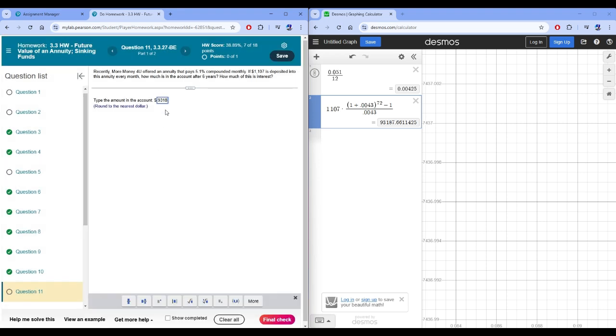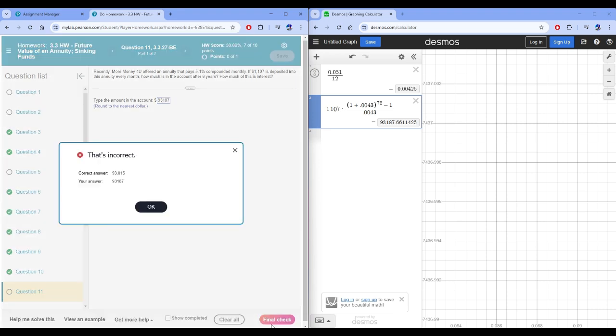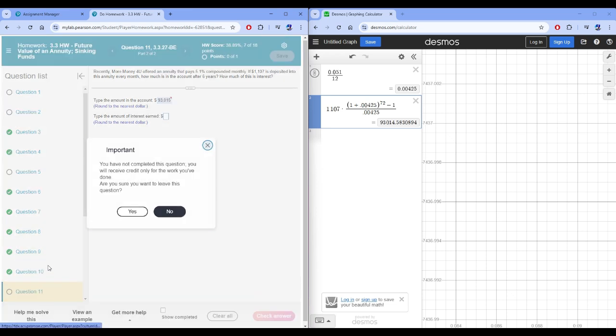Oh, if this becomes 2.5, and if I change that to 2.5, oh, that's so annoying. There it is, 93,000. So enter that into Desmos. Okay, you win. That was annoying.